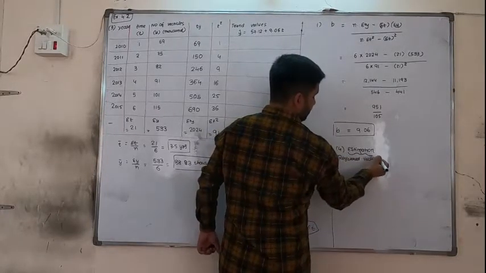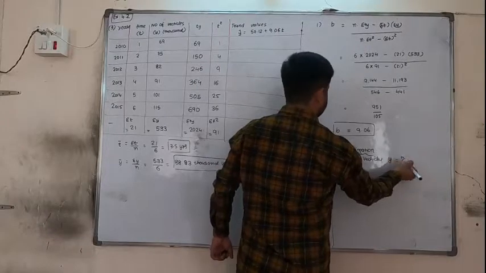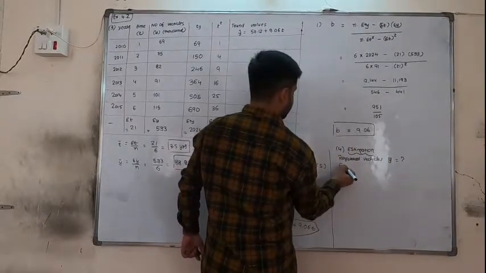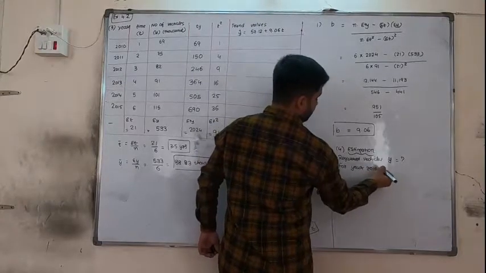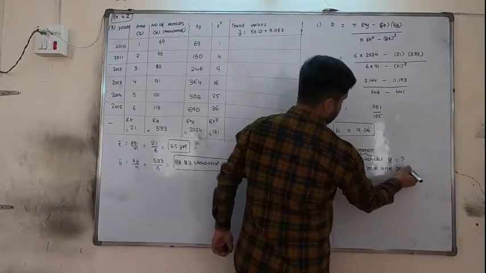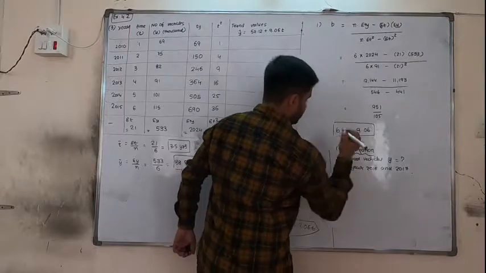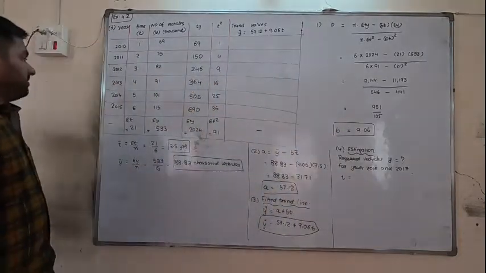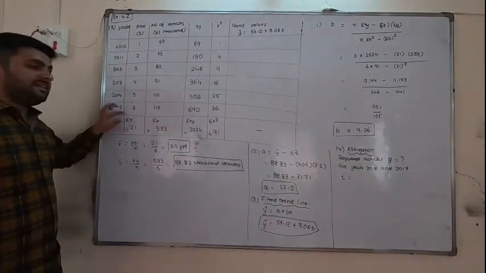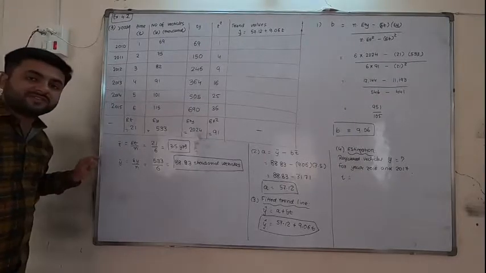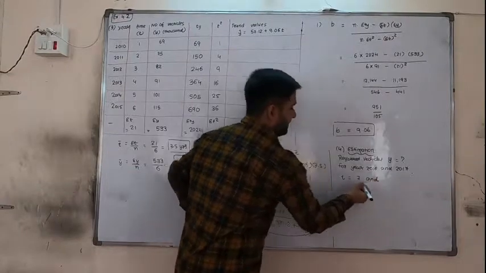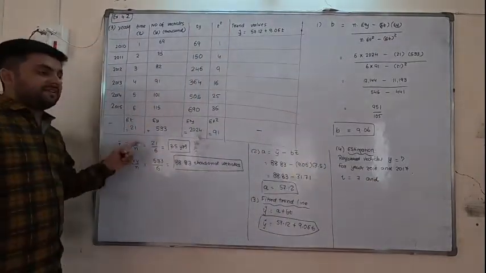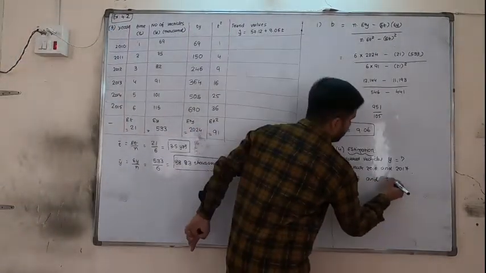Registered vehicles, Y is equal to question mark, for the years 2016 and 2017. For 2015, T is 6. So for 2016 it will be 7, and for 2017 it will be 8, because they are again continuous.